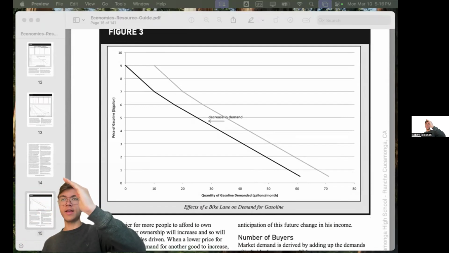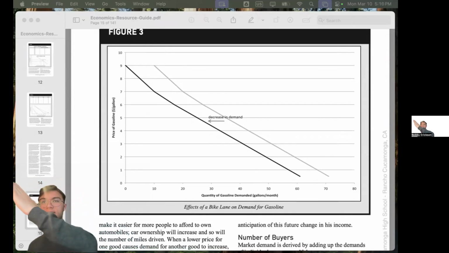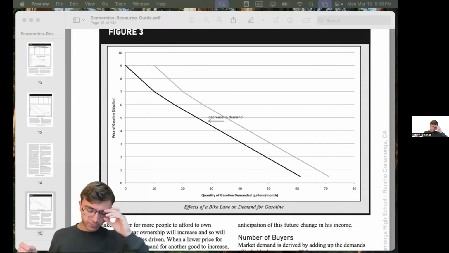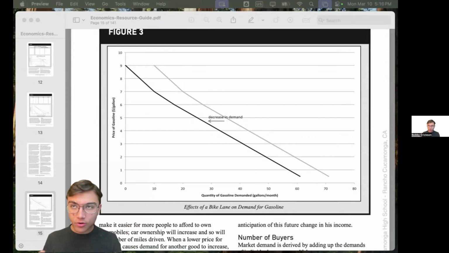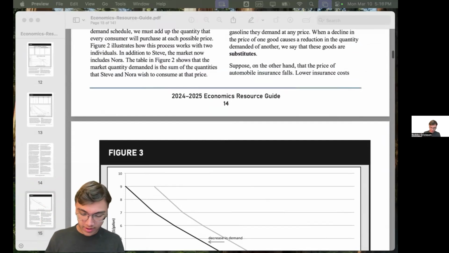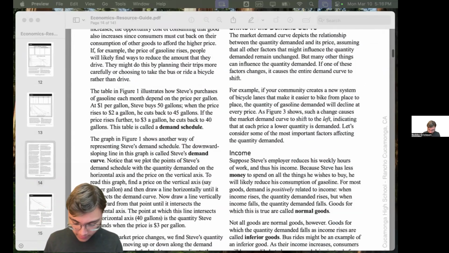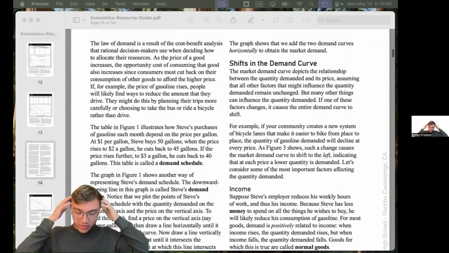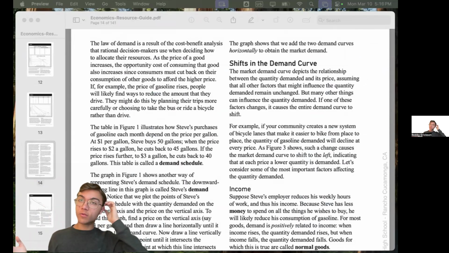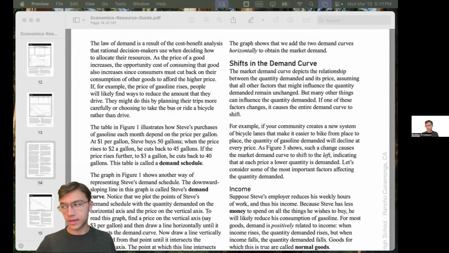We go this way and we shift this way. And so we're decreasing that demand here. If it says easier to make bicycle lanes, well, then we're going to have less demand overall for gas for all the consumers because it's easier to not use gas now.